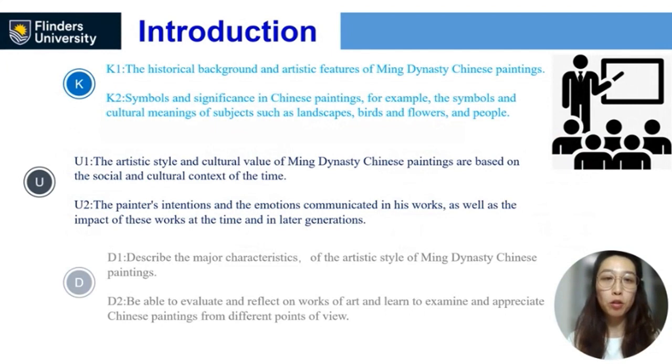The topic of this lesson is the appreciation of Chinese paintings of the Ming Dynasty. After this lesson, students will understand: 1. The artistic style and the cultural value of Ming Dynasty Chinese paintings, based on the social and cultural context of the time. 2.